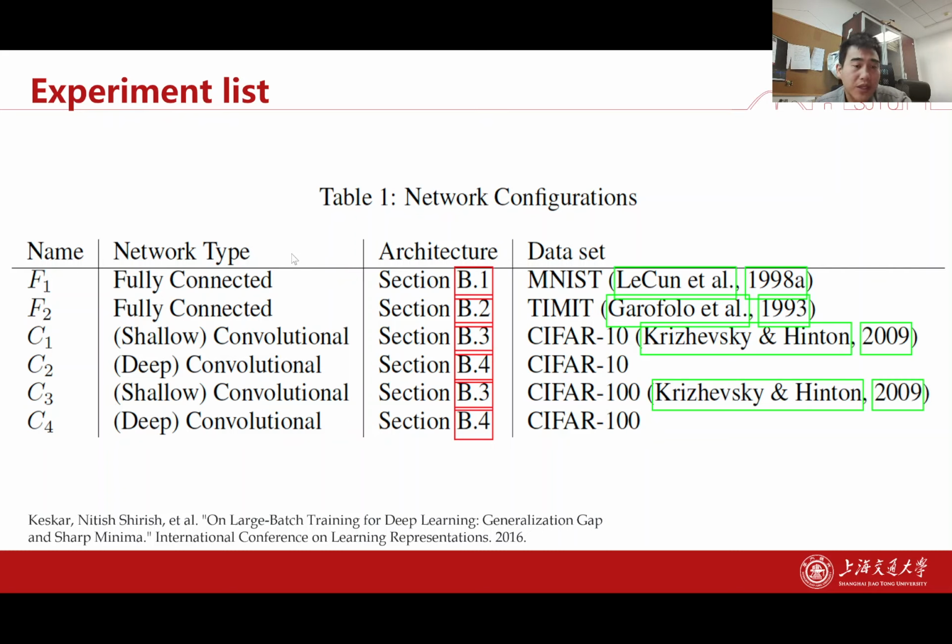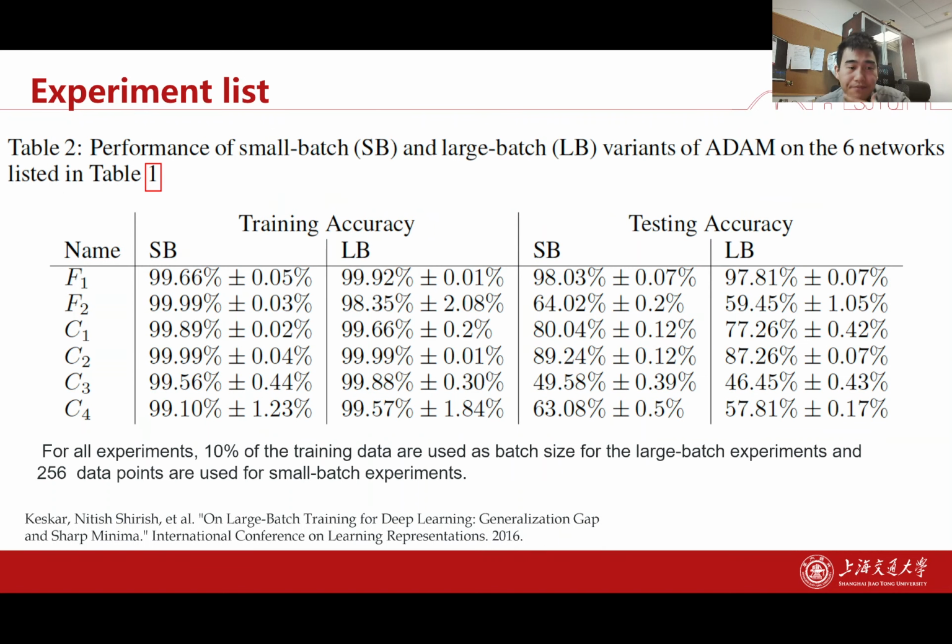Batch size means that in each training step we randomly select a batch of samples to compute the loss function. We don't select all the samples, so it's equivalent to adding some noise to the full-sample loss. And one of the key factors is how many samples we select for each training step.